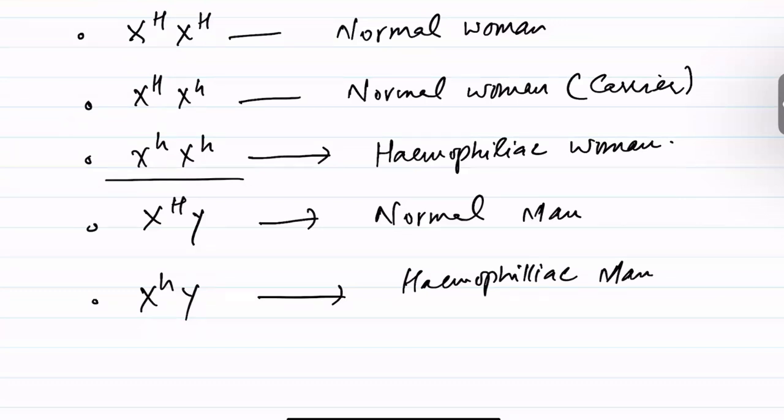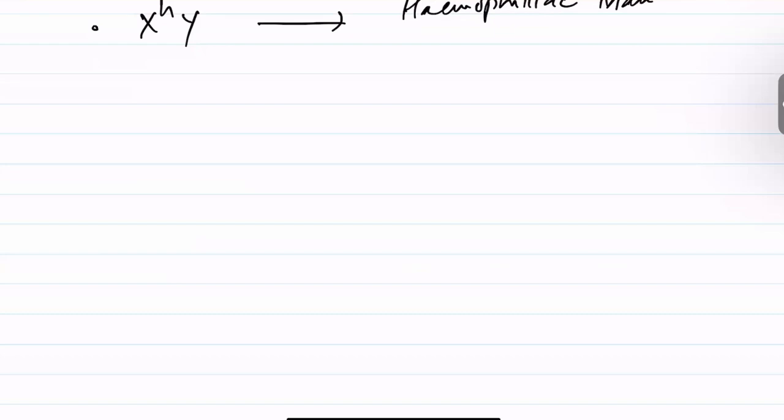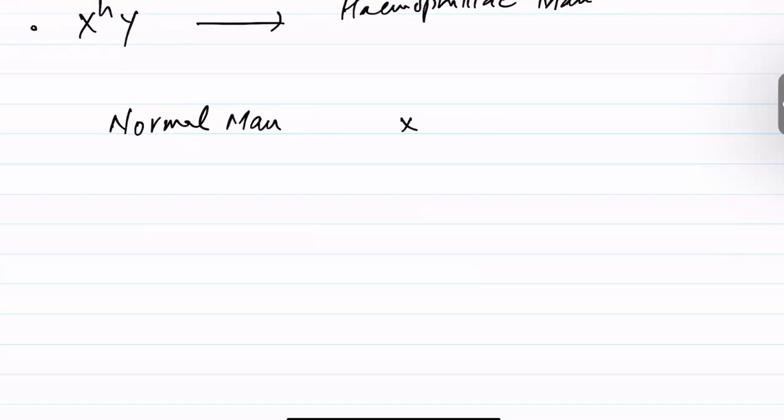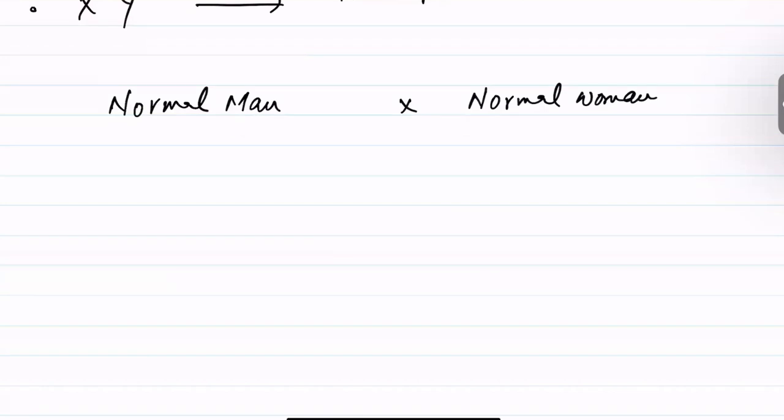So if a normal man is married to a carrier woman, or a normal woman who is a carrier for hemophilia, we will write their genotypes as X, H capital Y and X, H capital, X, H small.